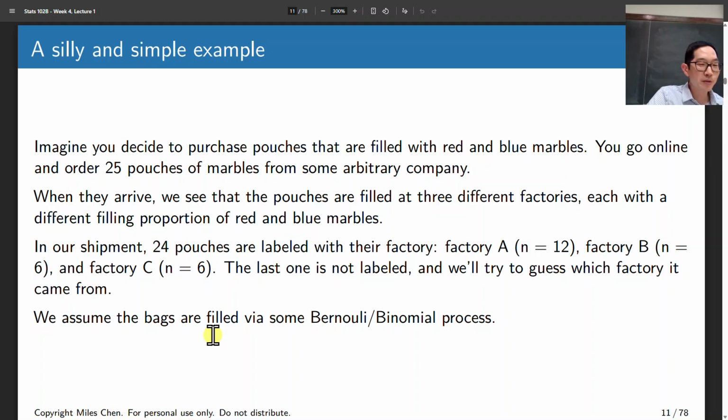And we are going to assume that the bags get filled via basically a Bernoulli or binomial process, meaning that each marble is put in one at a time, so when one marble goes in, it's not correlated to the next marble that goes in.